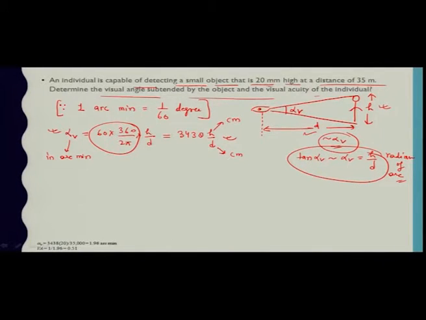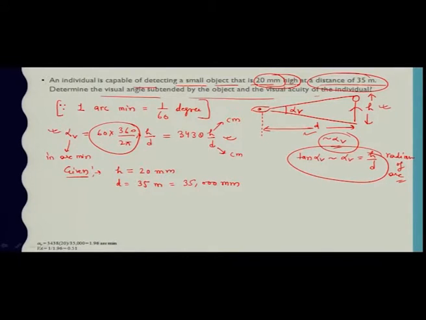Now our question is about a small object that is 20 mm high. So the given data is h equals 20 mm, and the distance d is 35 m, which can be treated as 35,000 mm.